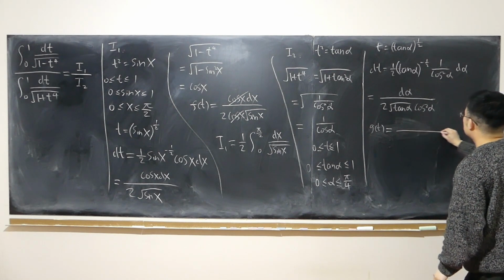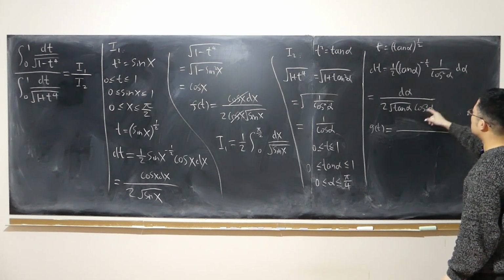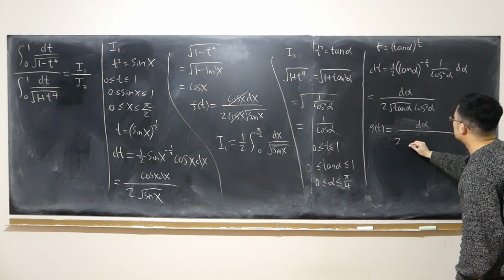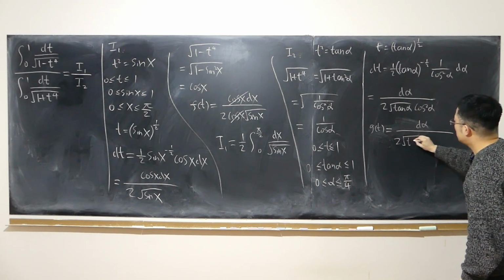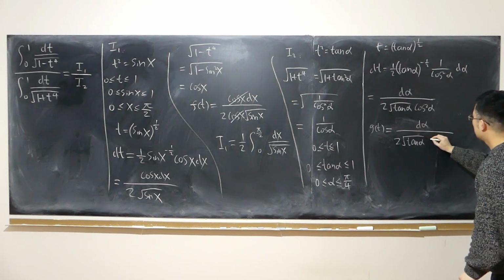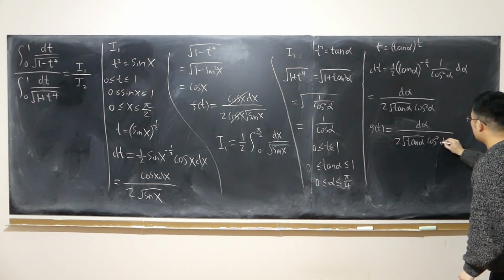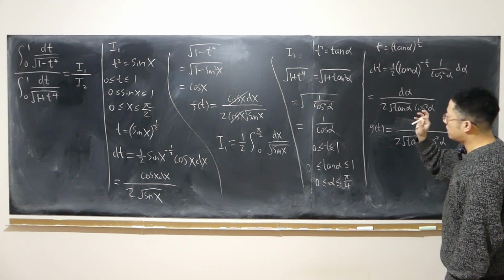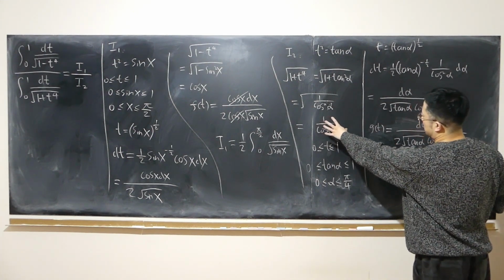So first of all, dt is this: twice the square root of tangent alpha, cosine square alpha, and this sits at the bottom.